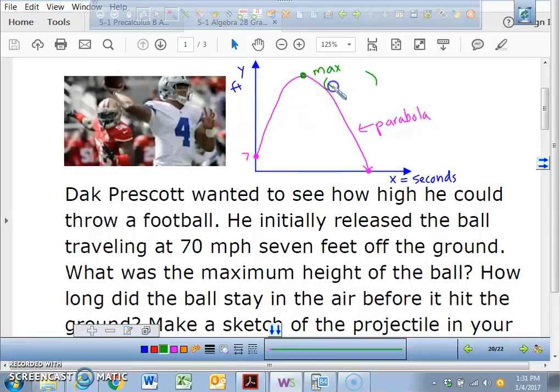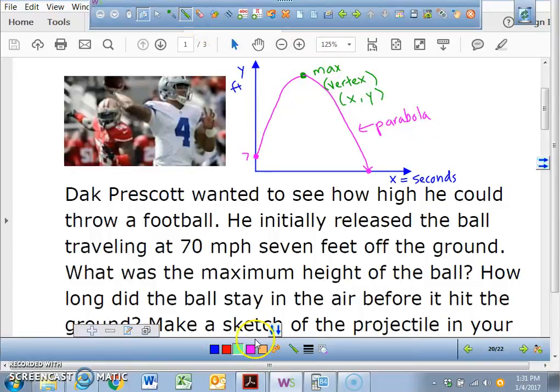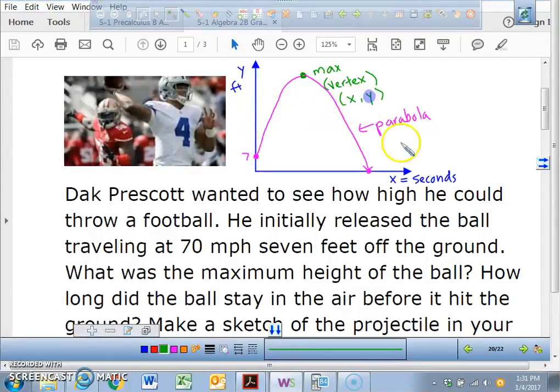The maximum height is what's referred to as its vertex. So we're going to find the vertex. By the way, the vertex will have an x-coordinate and a y-coordinate. And our maximum height will be whatever the y value is. What will the x value be? That will be the time in seconds it took to get there.